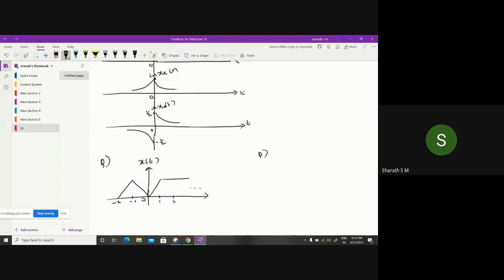As well as the second question: x of n is equal to 8 into 0.5 power n into u of n. Sketch the even and odd part for these two. Write down half into x of t, half into x of minus t, and then perform the addition and subtraction operation.